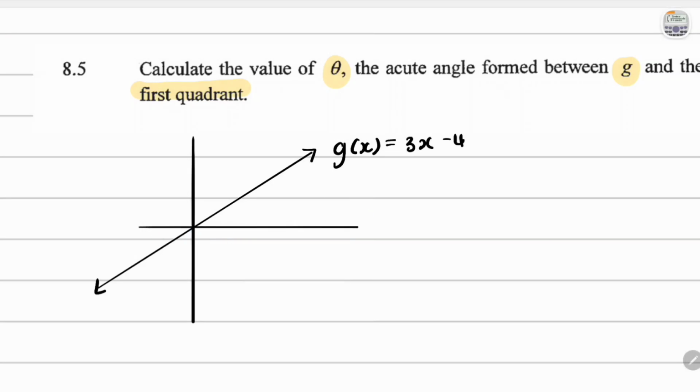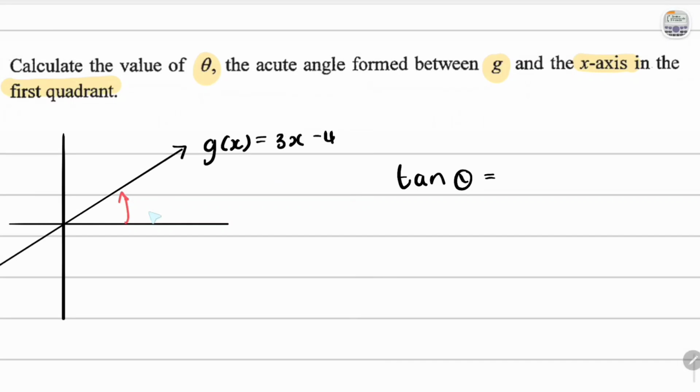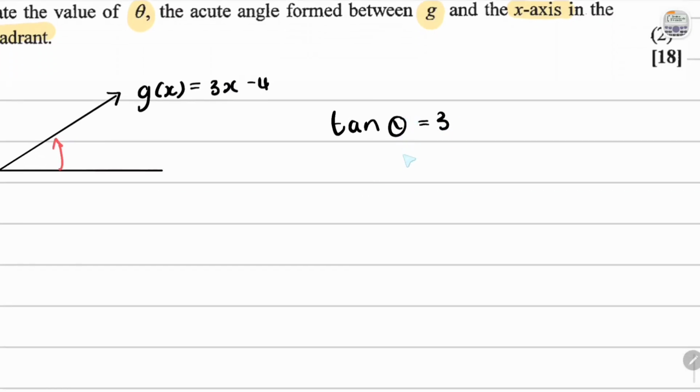So to find the angle of inclination, we have a formula for that. We simply say that tan of theta is equal to whatever the gradient of that line is. That's how to find the angle that that line creates with the x-axis. So the gradient is 3, so tan theta equals 3. And then to find theta, you're going to use the second function of tan on both sides of the equation.